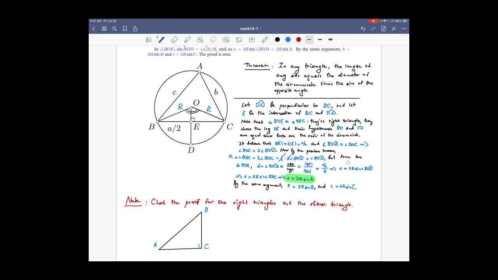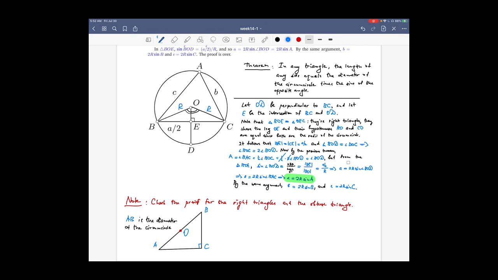In this particular case, AB will be the diameter of the circumcircle. In particular, the center of the circumcircle is precisely the midpoint of the hypotenuse.